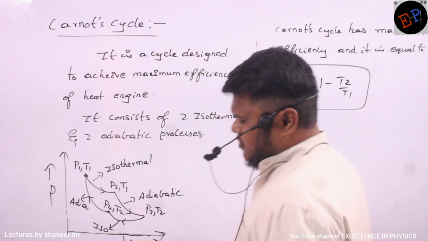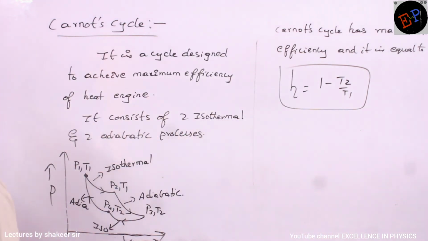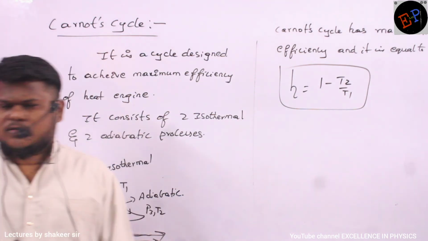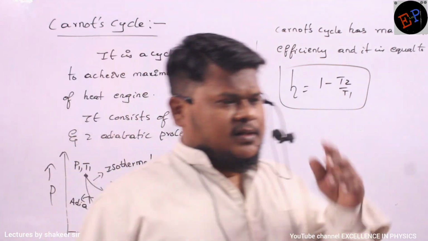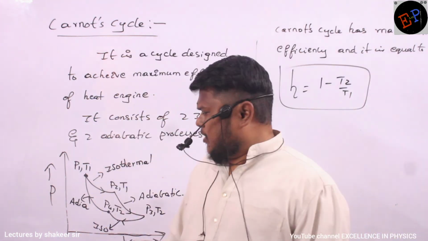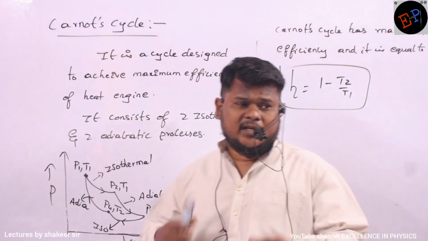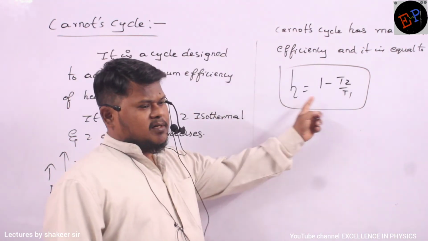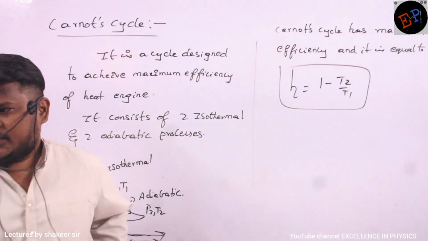This is the final result which we understand when we do this cycle. There can be many processes in which I can do work with the help of a heat engine, but only in this process will efficiency be maximum. And what is that maximum efficiency? Eta is equal to 1 minus T2 divided by T1.